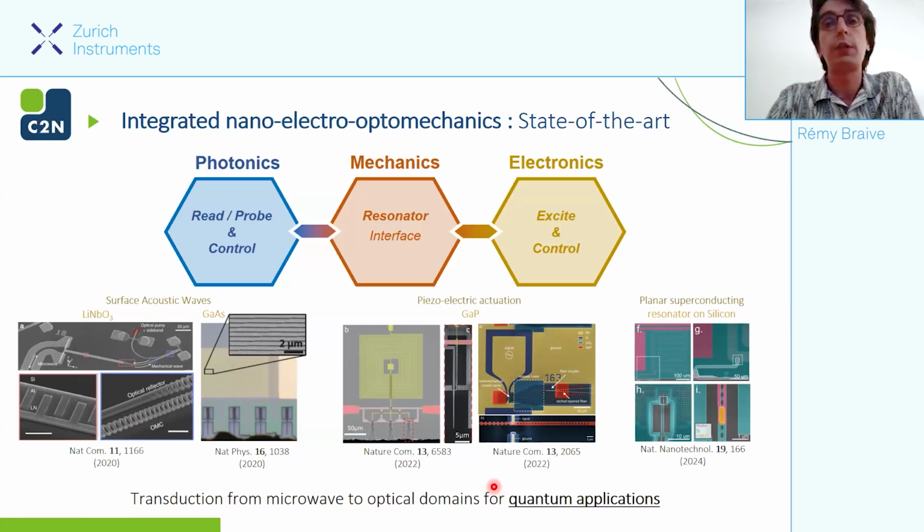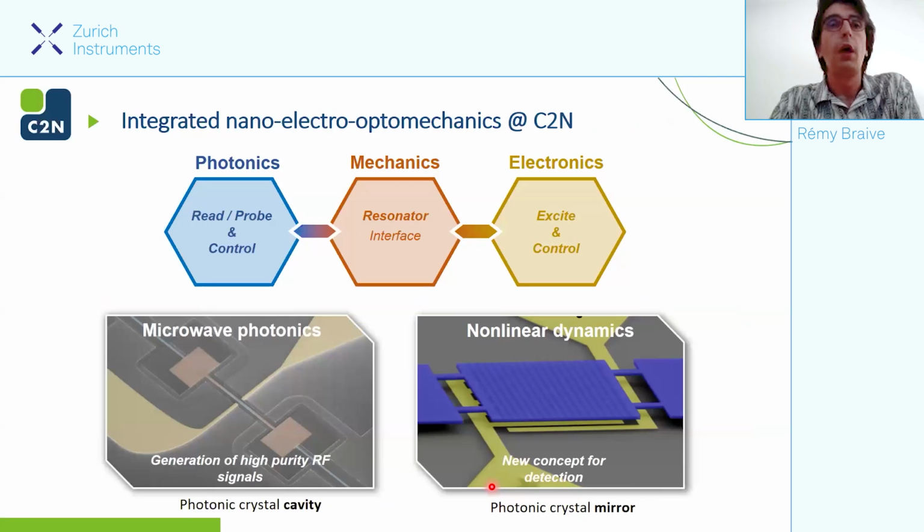In our case, we are trying to implement another application as a low phase noise oscillator. So the idea is really to use this microwave photonics in order to generate high purity radio frequency signals with a photonic crystal cavity.